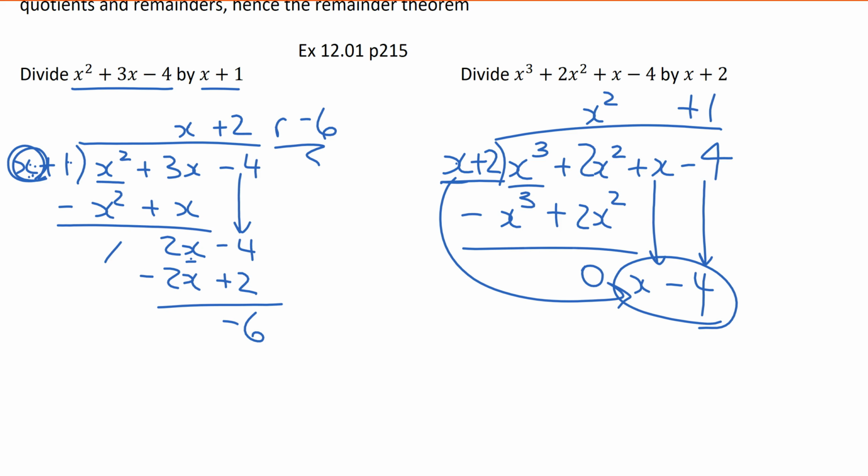Because when I did my multiplication out here, I got 2x squared, which cancels with those 2x squared there. Okay. 1 into x goes x. 1 into 2 goes positive 2 times. When I do my subtraction there, I'm going to get another answer of, again, my remainder of negative 6. Okay. Can you see where we're going with that stuff?